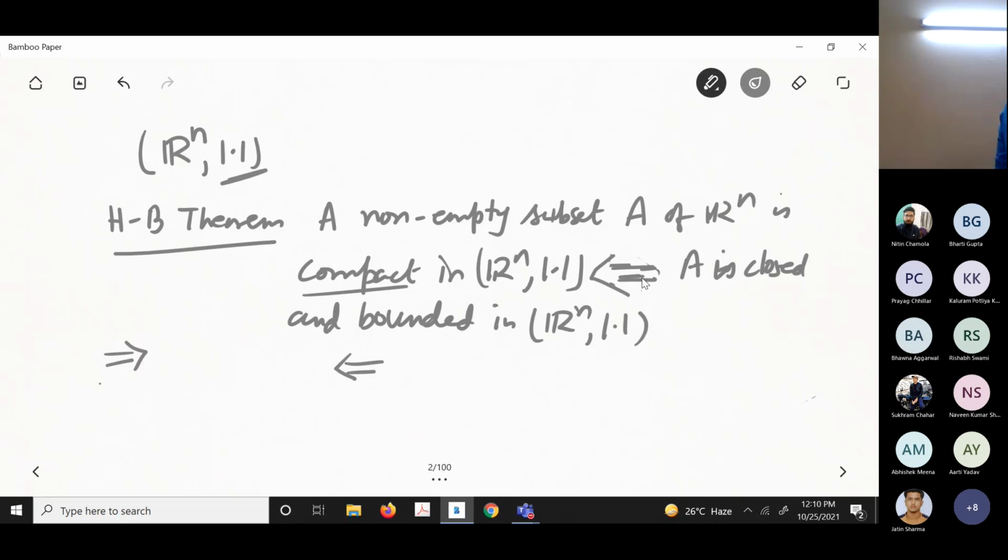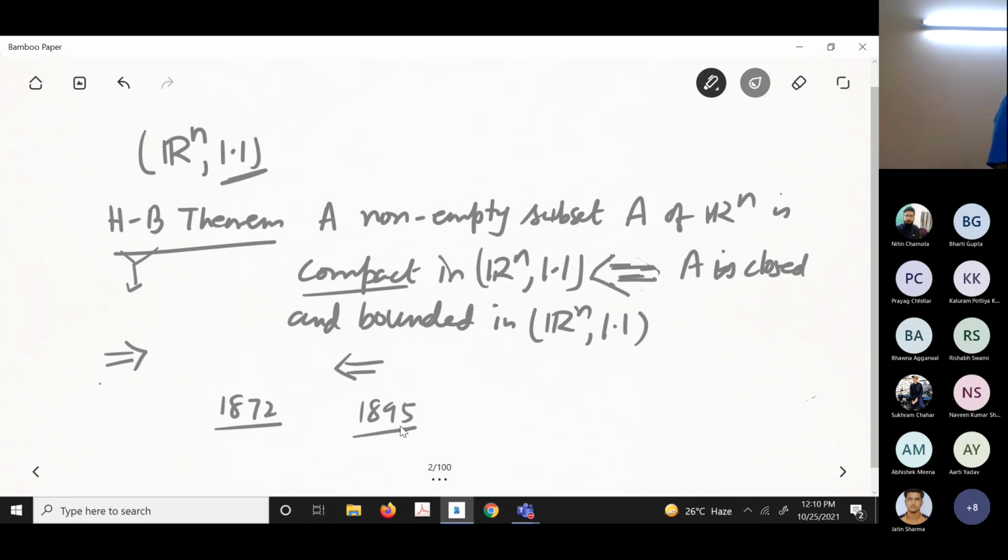We are calling it the Heine-Borel theorem, but actually it should be called Heine's theorem, because at the bottom of page 168 I mentioned it was in 1872. Heine gave a proof of this, while Borel published his proof much later, in 1895, 23 years later.